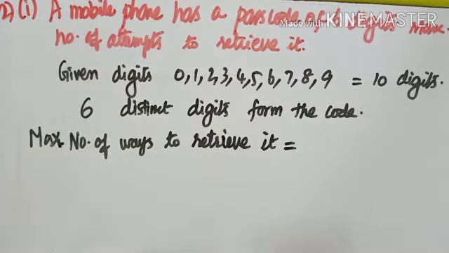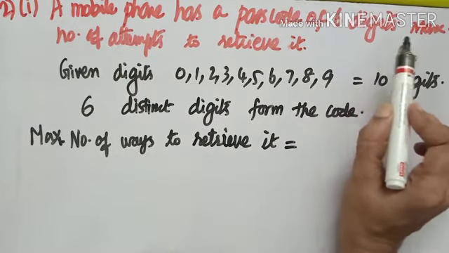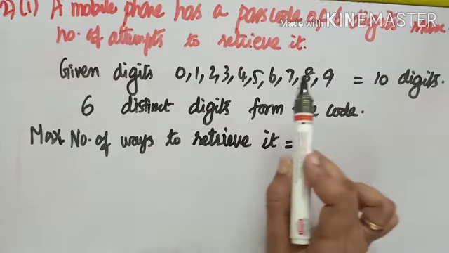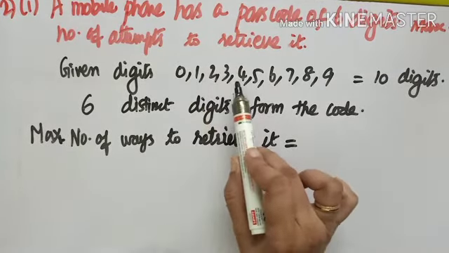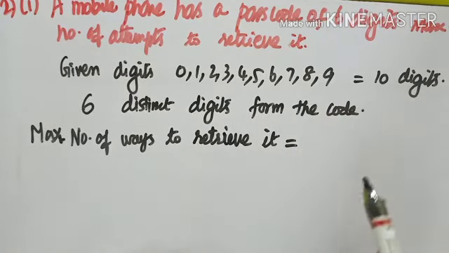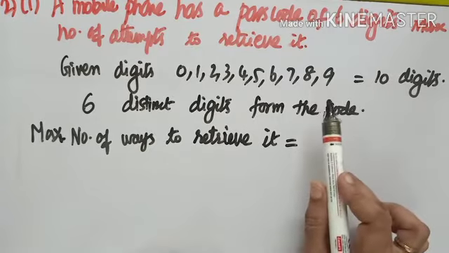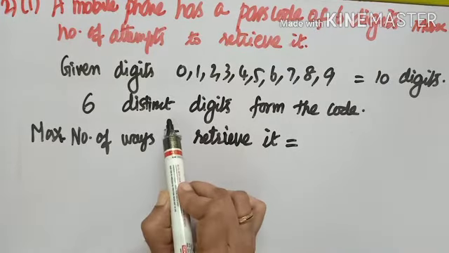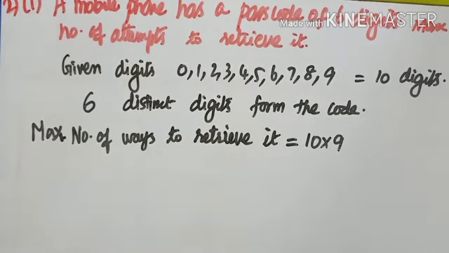Question number 2, subsection 1. A mobile phone has a passcode of 6 digits, 6 distinct digits. Find the maximum number of attempts to retrieve the code. How many digits do we have? 0, 1, 2, 3 up to 9. There are 10 digits. How many digits do we need to form? Only 6. The word distinct tells me one number should come only once.